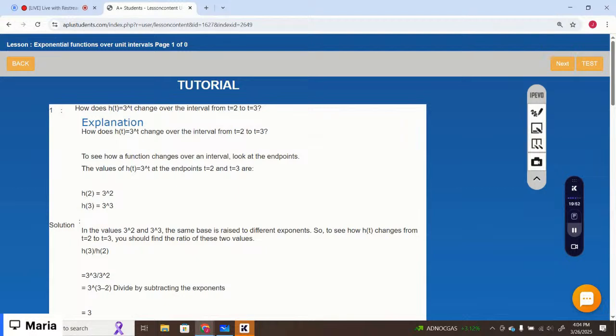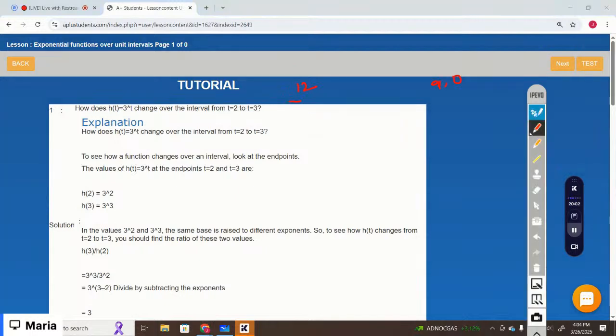How does h of t, 3 exponent t, change over the interval from t equals 2 to t equals 3? So you are given the function h of t equals 3 exponent t, right? You have to see how the function changes over the time interval t equals 2 to t equals 3, right?